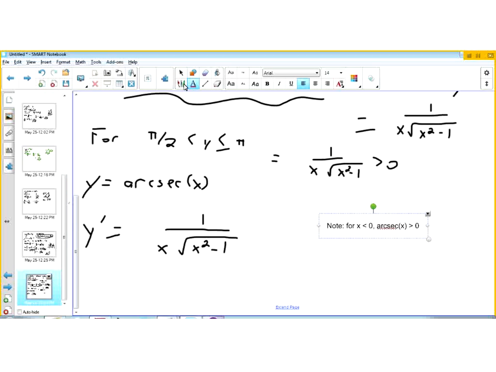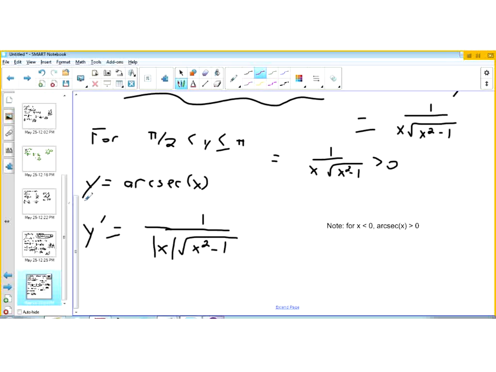Well, since we want to assert that for any value of x the derivative of the arcsecant function is above the x-axis, we do this. We replace x with the absolute value of x. All right, so that means no matter what value of x you plug in, the derivative is guaranteed to be positive. Okay, so that's it.